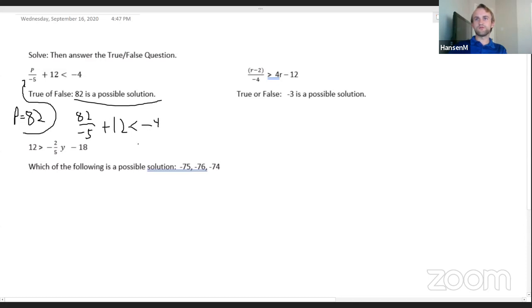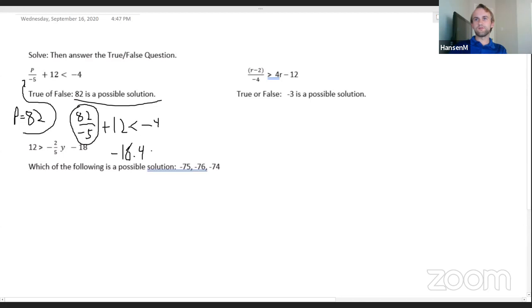First we're going to subtract 12 from both sides. I'm going to simplify this out too, because it's easier for me to read it that way. So we get -16.4, which is the same thing as 82 over -5, just dividing out the number and writing it as a decimal.